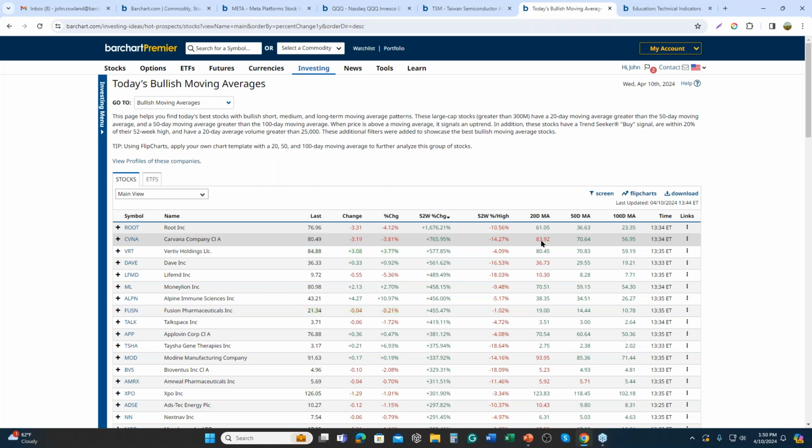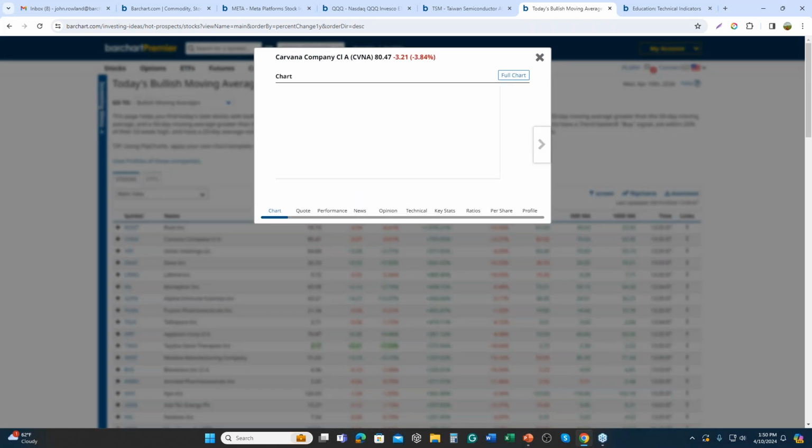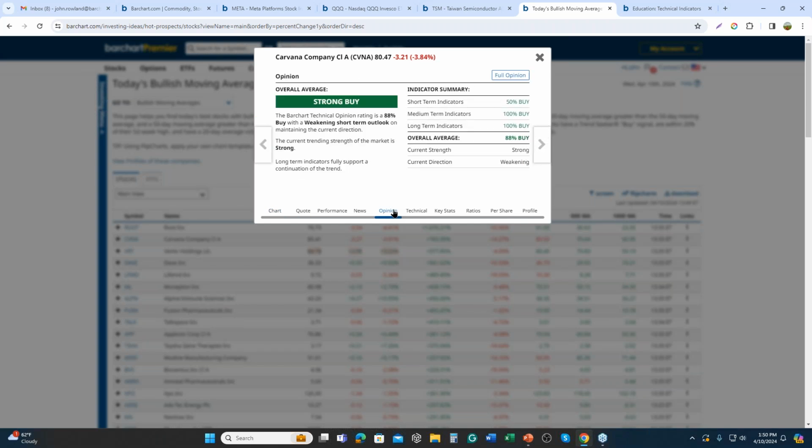So let's take that one step further. I can go into the plus sign here, and this is where I can get more data. I'm going to look at something called opinion. You can find the opinion page on any equity, and I'll show you in a second, from the price overview.